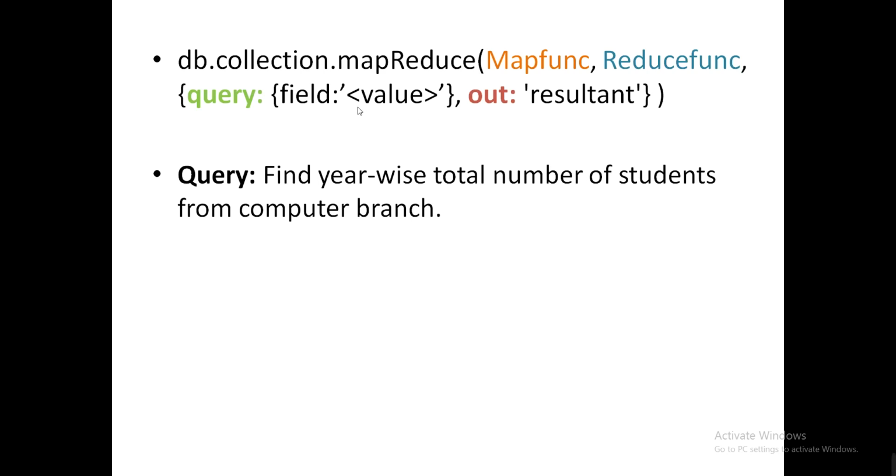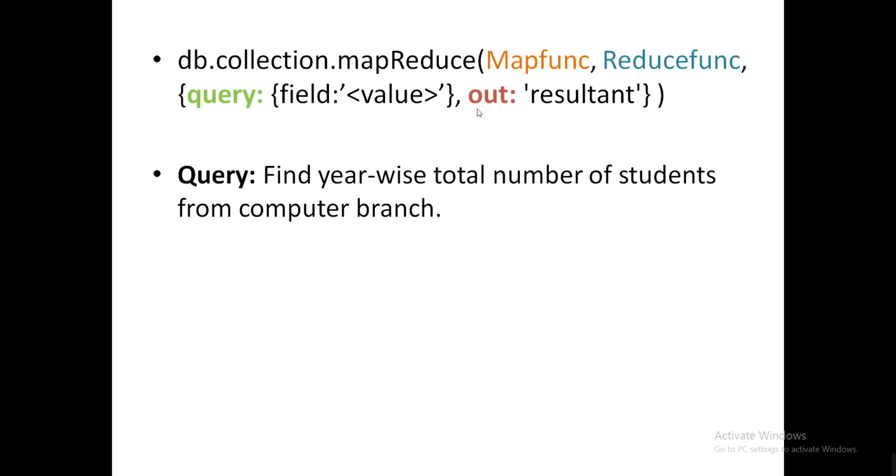So whatever MapReduce operation we are going to perform will be performed only on the documents having the branch field as computer. This is a kind of filter that we apply before we start the MapReduce operation.